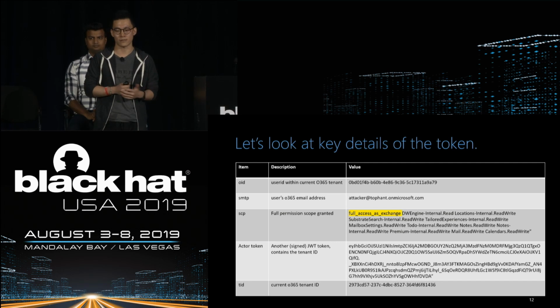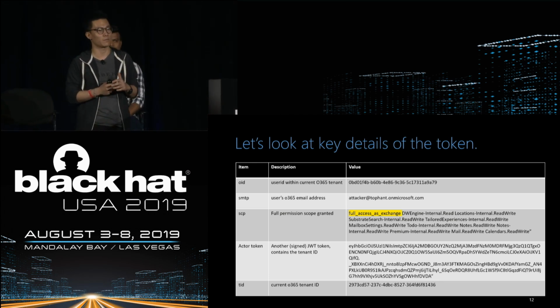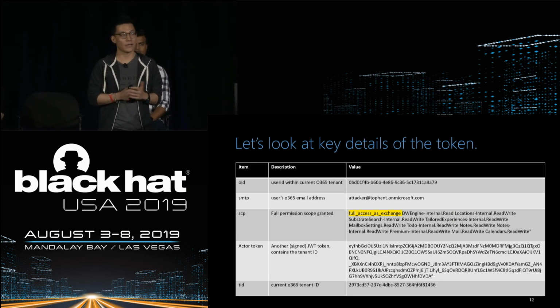As we can see, there's full access as exchange, which means that this token has full permission scope granted. And there's another actor token that is also a JSON Web Token, and this token is signed. It contains the current tenant info, the current tenant ID. So there's another TID, which refers to the tenant ID as well.